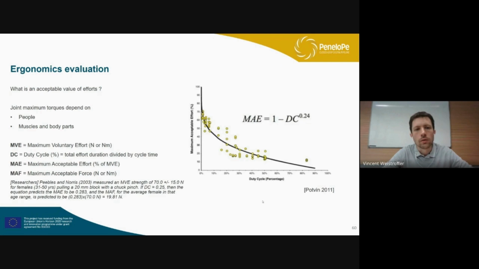The important notion to understand is the maximum acceptable effort, which is a percentage of the MVE. In this article, POD 2011, they state that this maximum acceptable effort is a percentage of the MVE, and it depends on the duty cycle. So the more time you spend applying effort, the less the maximum acceptable effort should be.